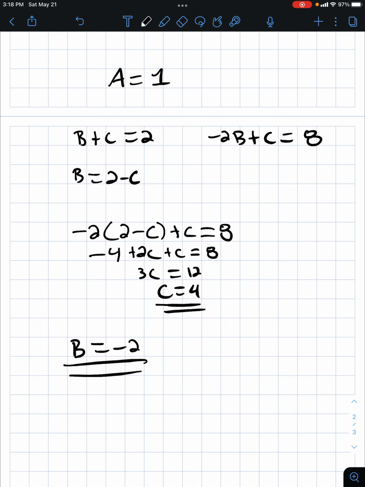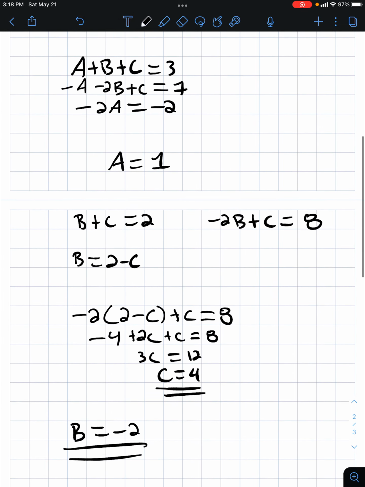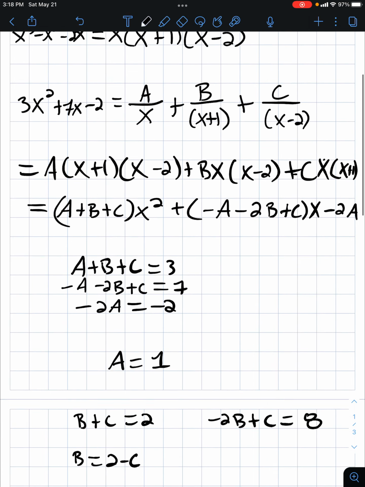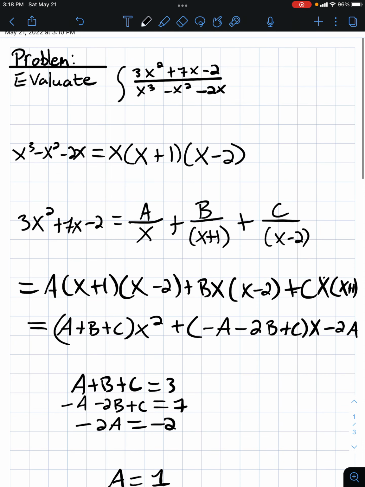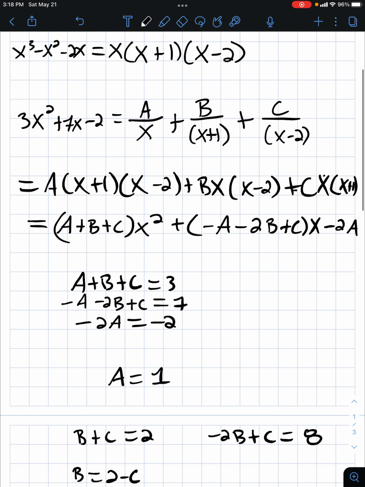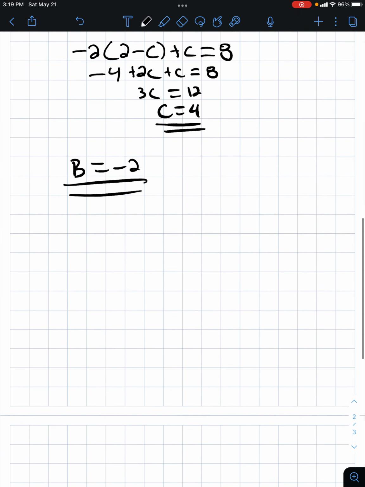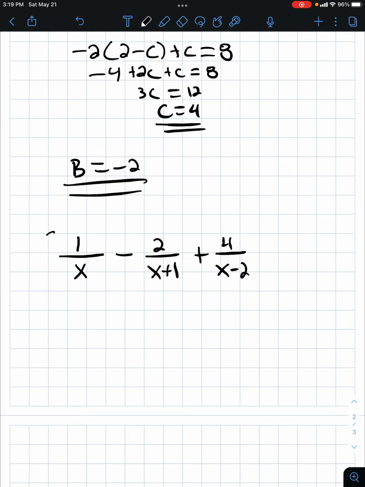So B is equal to −2. Now all we're going to do is put A, B, and C back into the decomposition of our fraction: A divided by x plus B divided by (x + 1) plus C divided by (x − 2). We are left with 1 divided by x minus 2 divided by (x + 1) plus 4 divided by (x − 2).